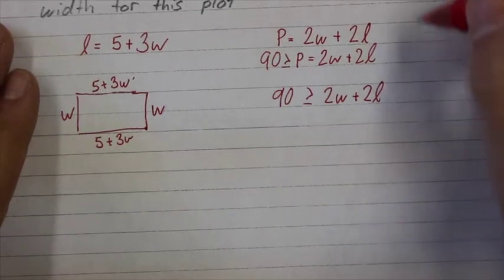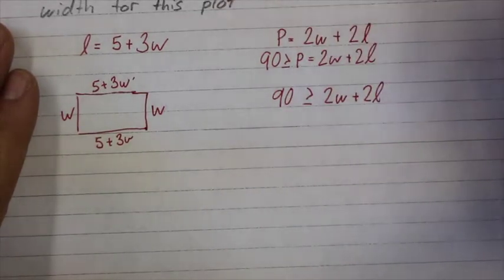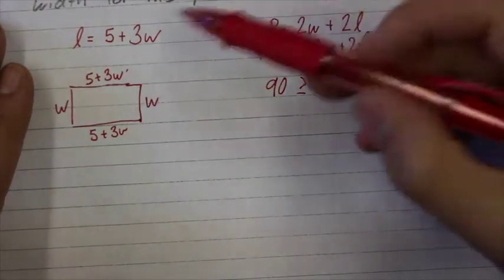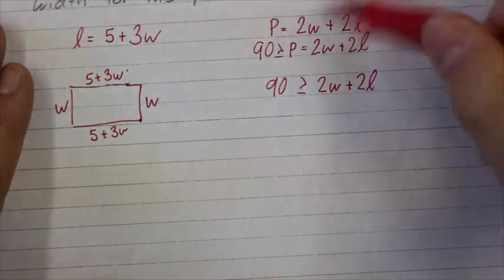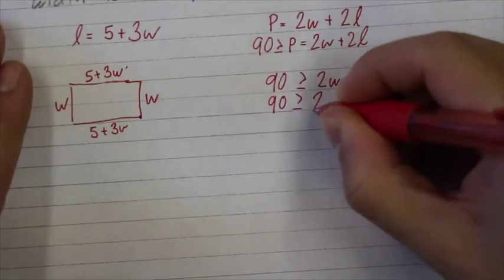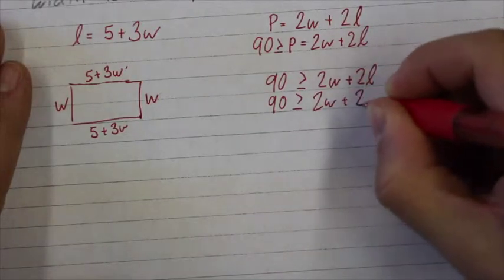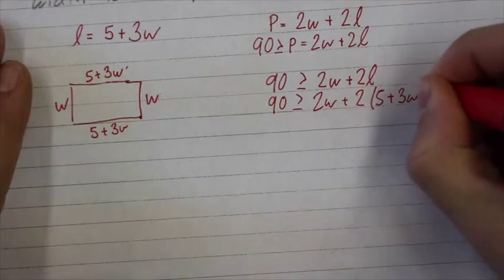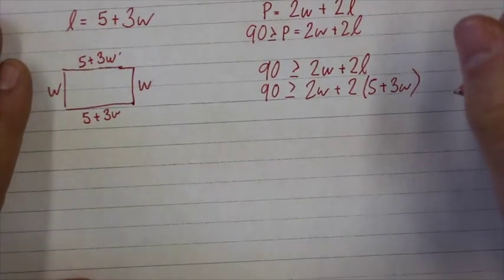The answer is no. It asks to find the maximal width of this plot. So here's L, L is equal to 5 plus 3W. I'll rewrite this, and now I can solve.